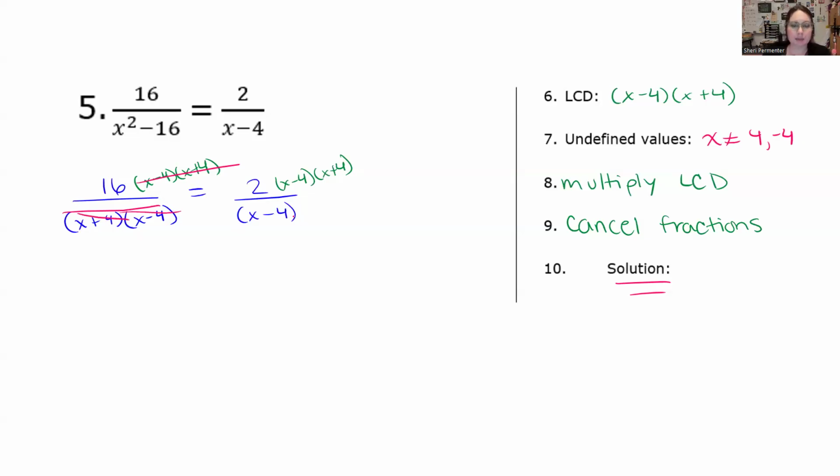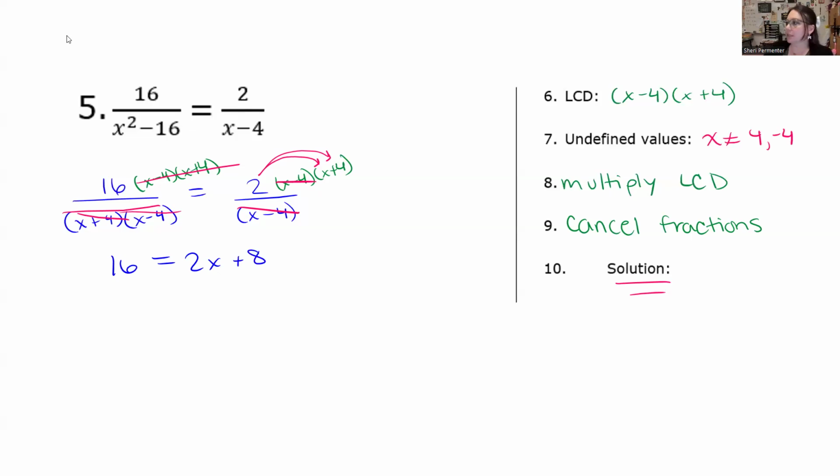Over here, just the x minus 4 will cancel. And so I have to make sure when I rewrite it that I distribute into this term way over here. So I get 16 is equal to 2 times x, so 2x, and 2 times positive 4, so plus 8. This is a simple two-step equation.